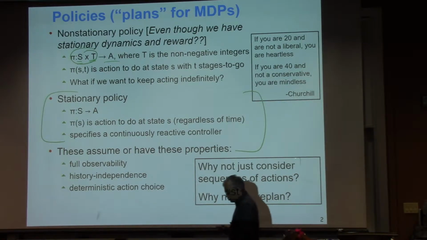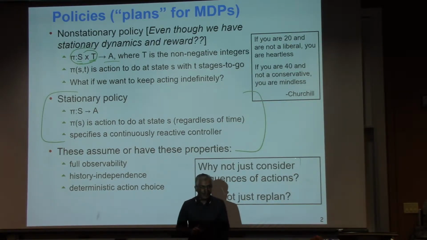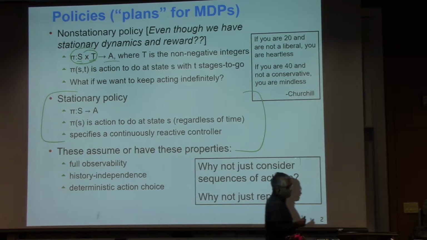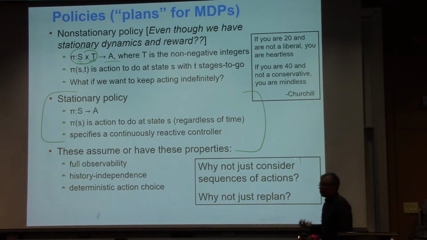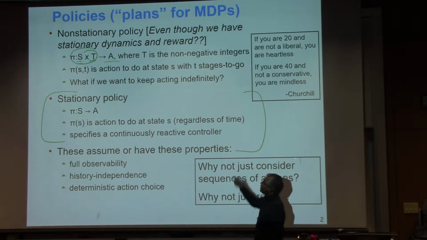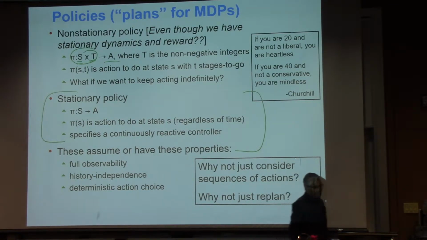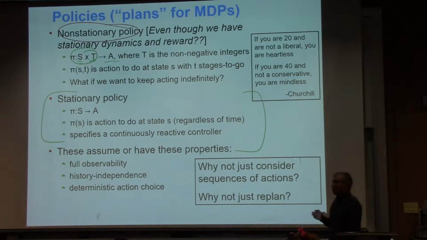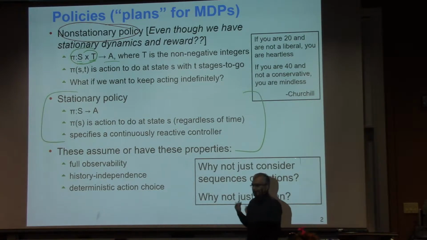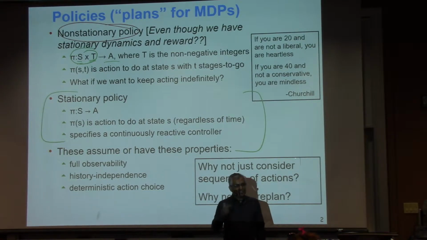It turns out that policies depend a lot on whether you have a finite horizon MDP or an infinite horizon MDP. A normal policy, which we first described, is just a mapping from state to actions.